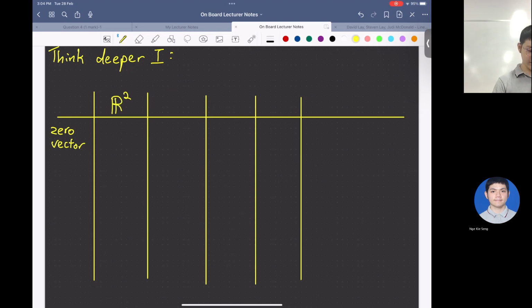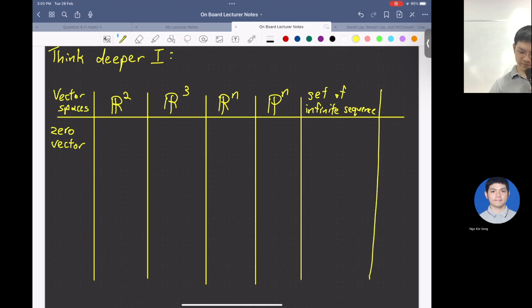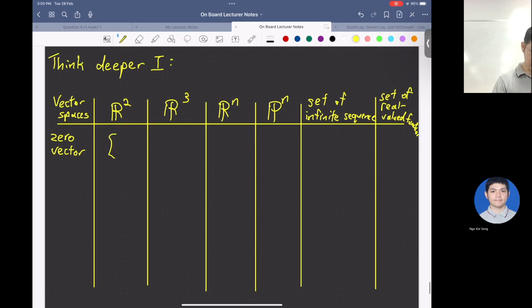So 0 vector is doing the same thing in different vector spaces. Let me give you some vector spaces and then you tell me what the 0 vector is. The vector spaces I list here are those that we learned in class. These are all examples of vector spaces. First, tell me what's the 0 vector in R2? 0, 0.